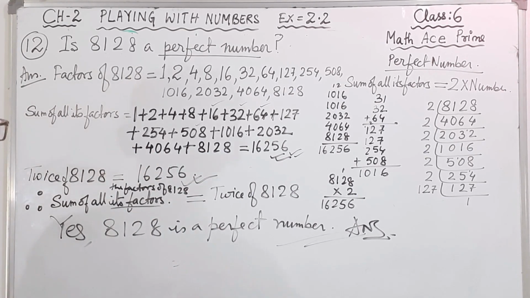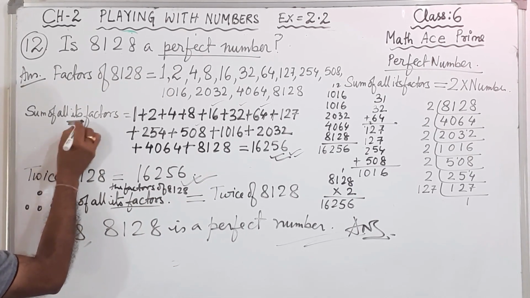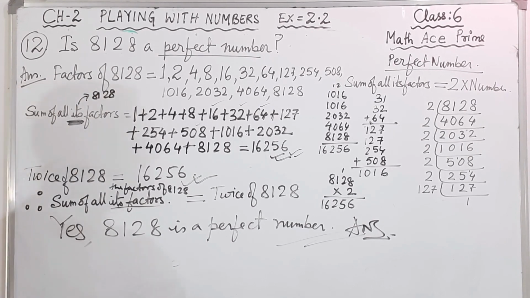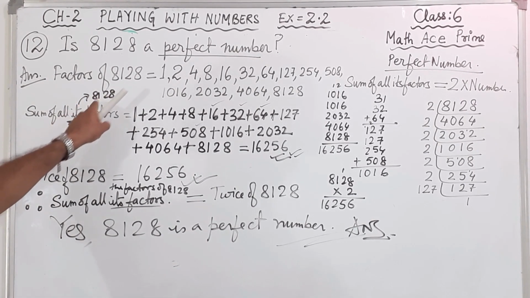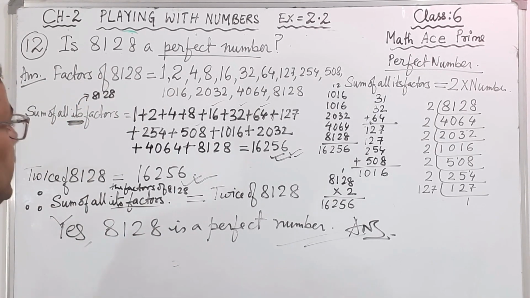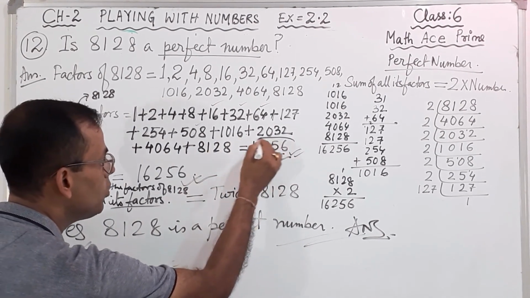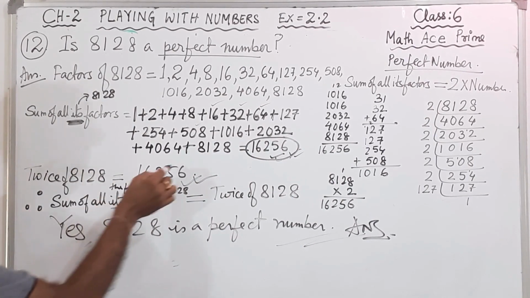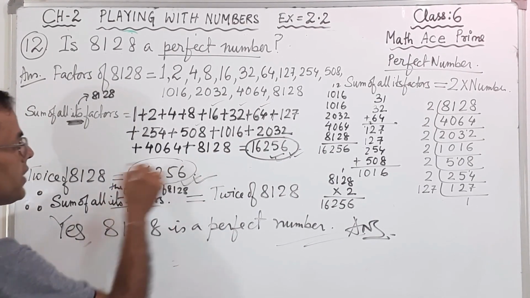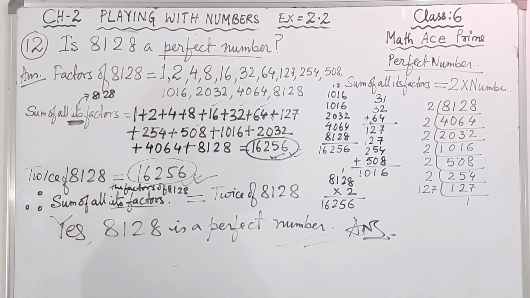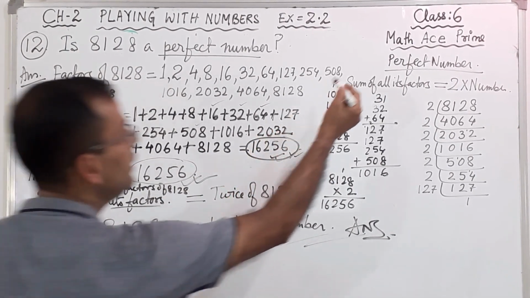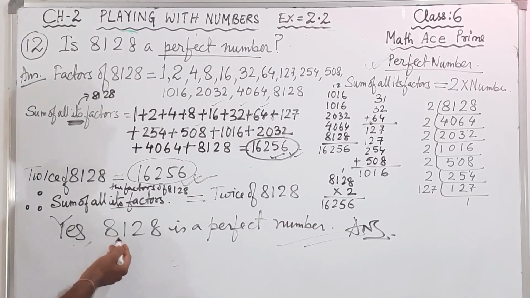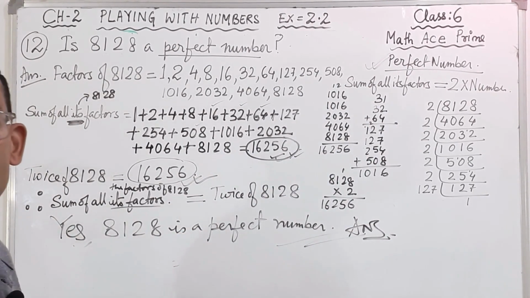Its means which number? 8128. So the sum of all the factors of 8128 is 16256, and twice that number is 16256. So both are the same. That's why, when it is the same, it is matching the definition of a perfect number. So we will say yes, 8128 is a perfect number.